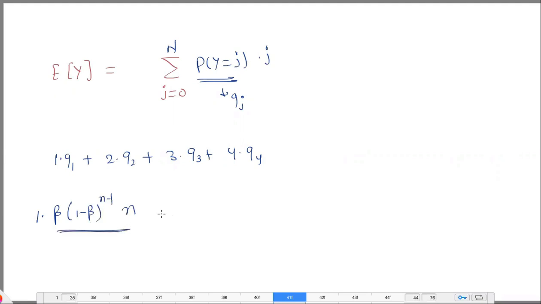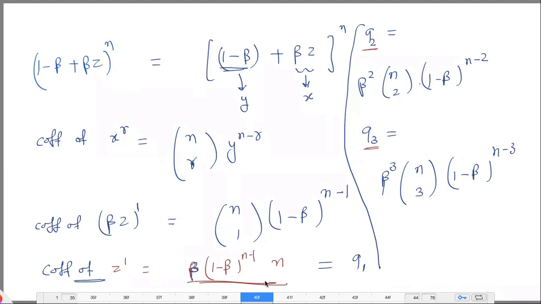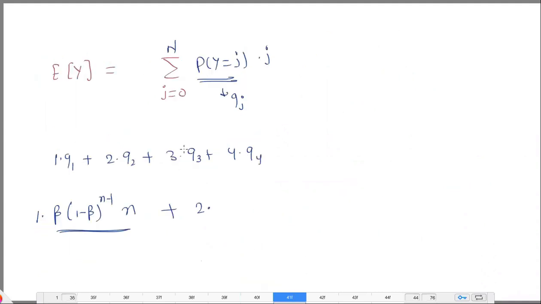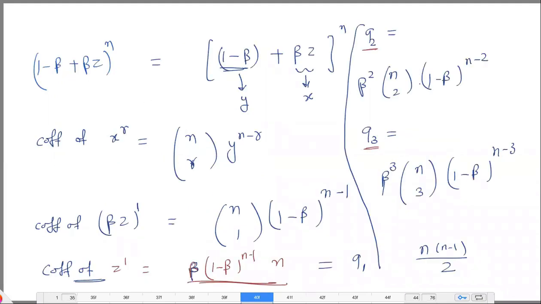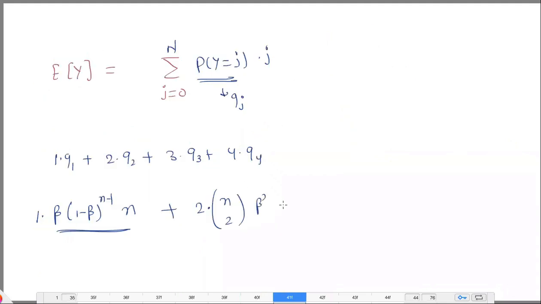Plus 2 into Q2, which is beta square into nC2, and nC2 is n into n minus 1 by 2, into (1 minus beta) power n minus 2.